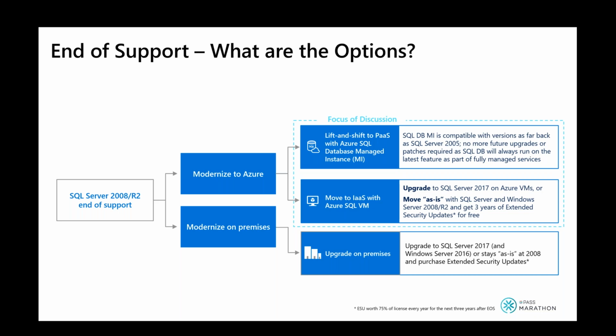The other interesting thing is an Azure Hybrid Benefit offer that's unique to Azure. Let's say you have a workload and you simply can't modernize it right now for whatever reason. By moving that workload as is, the SQL Server 2008 or 2008 R2, to Azure SQL VMs, you actually get 3 years of free extended security updates.